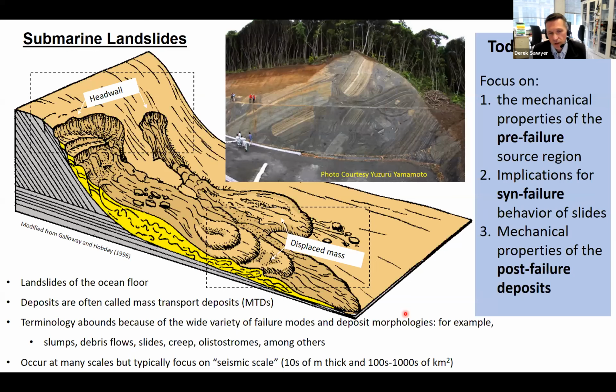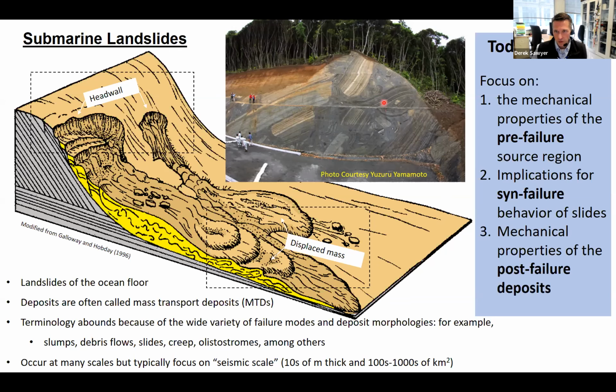The scales are much bigger in the seafloor environment. These tend to be much larger and more voluminous than the subaerial counterparts, but nonetheless, the physics are generally the same, where most of the work is being done by gravity. But there's a dizzying variety of ways in which these submarine landslides can move and then also be deposited.